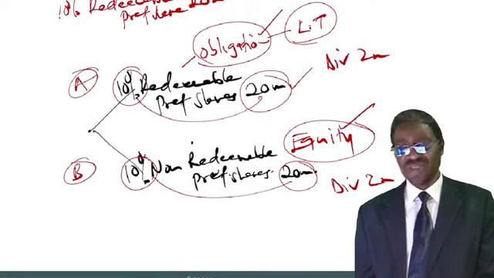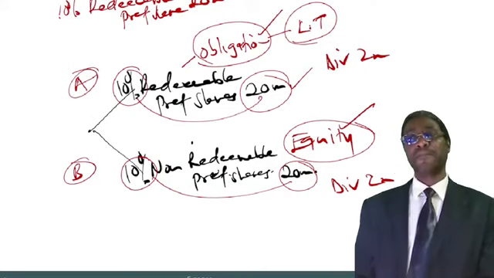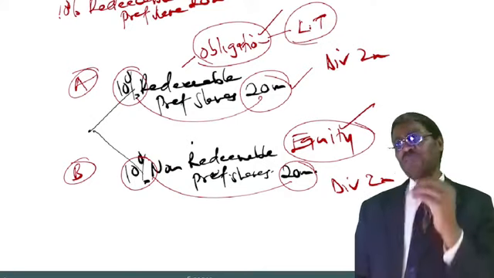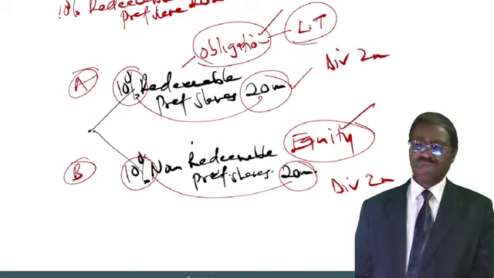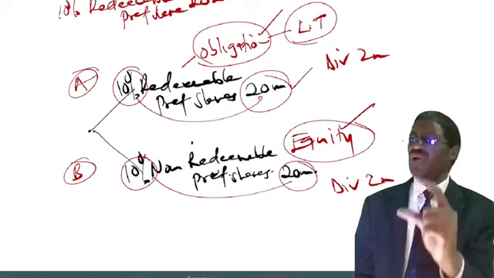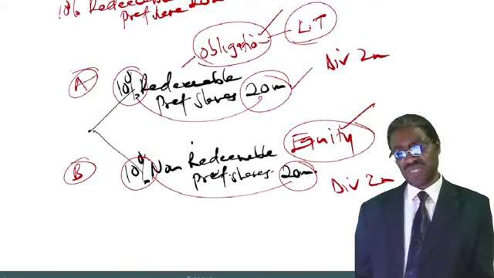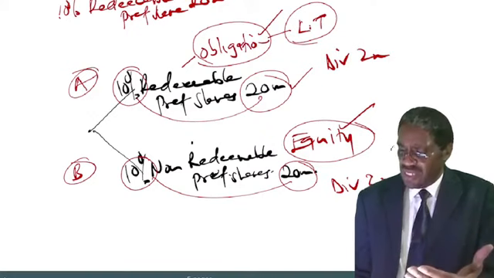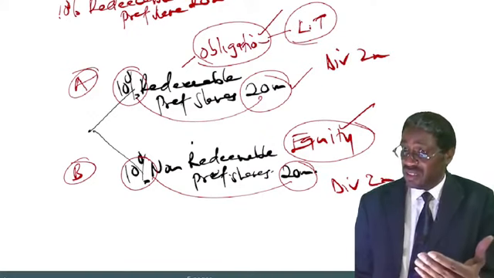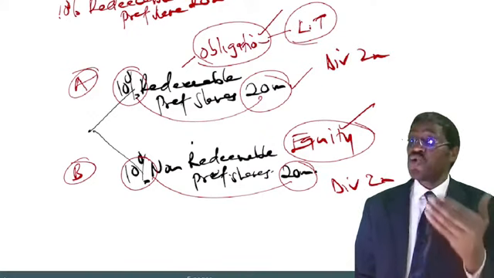Now listen carefully. Both companies are paying dividends on preference shares. But the question again: when it comes to the income statement, do you show the two dividends in the same place? Listen, the answer is no.